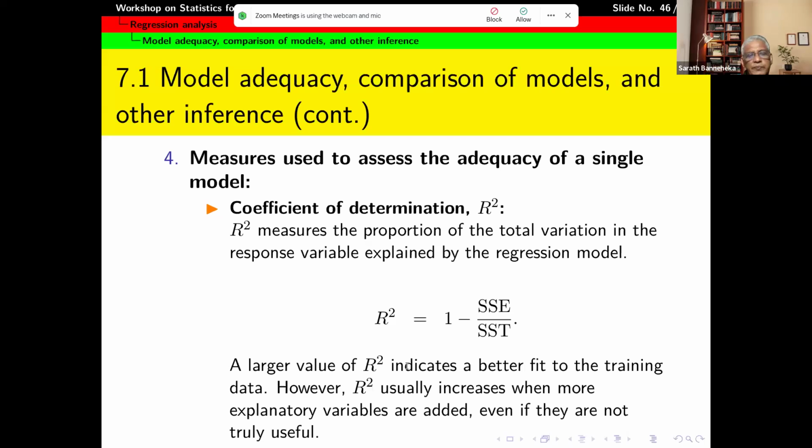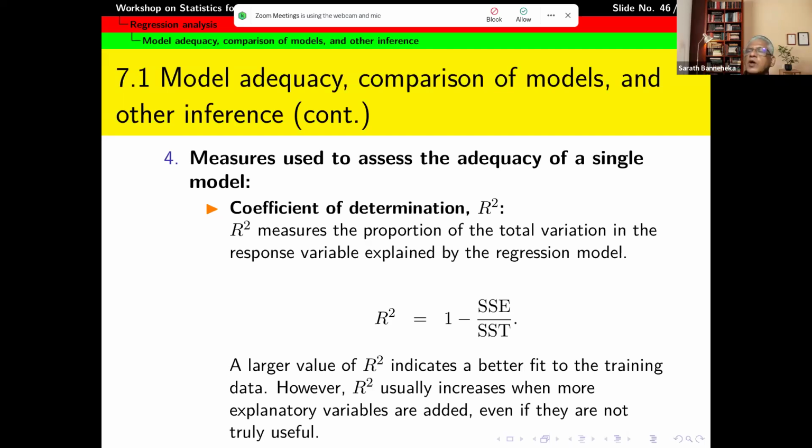But you have to remember here, R square will keep increasing, possibly up to 1, right? You can increase the R square by adding more and more variables into the model, right?